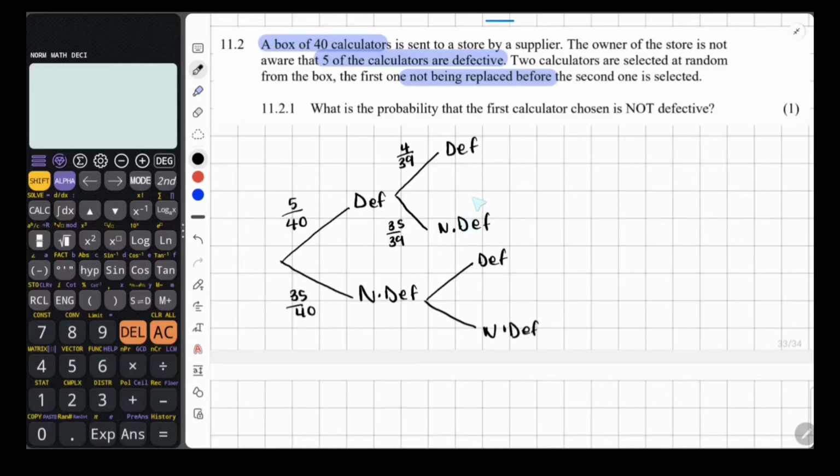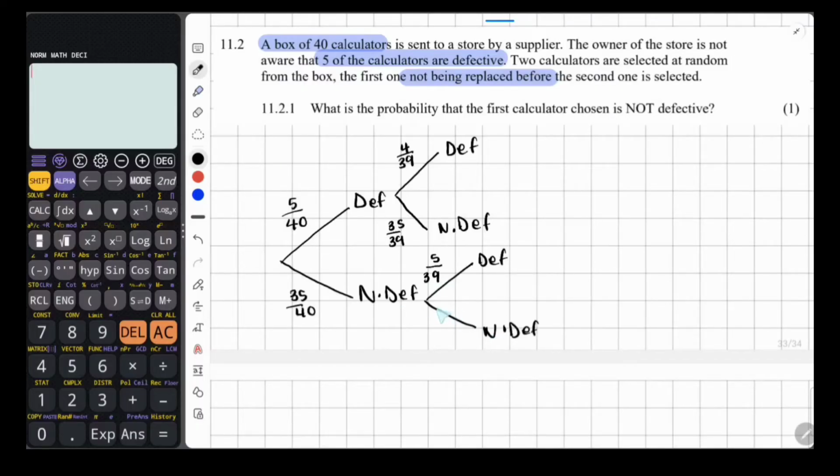So we're just saying if the first pick was actually a non-defective calculator instead, then the defective calculators that would still be there would still be the total of 5, because this time we didn't pick out a defective one. So it's still 5 defective calculators, but a calculator has been picked out already. It's a non-defective one, so there are still 39 calculators left.